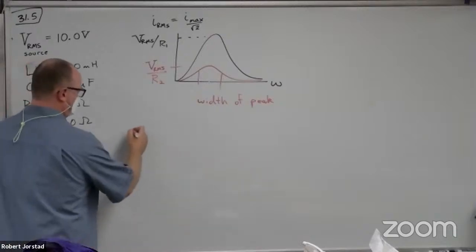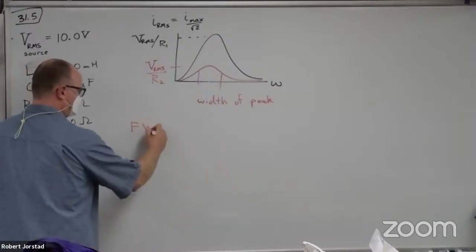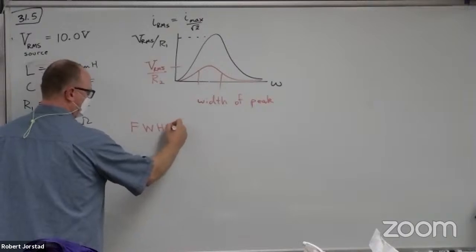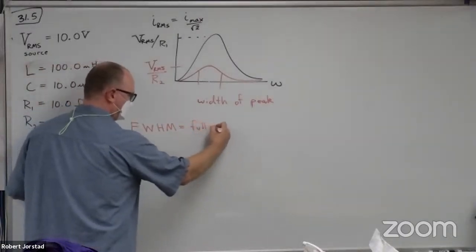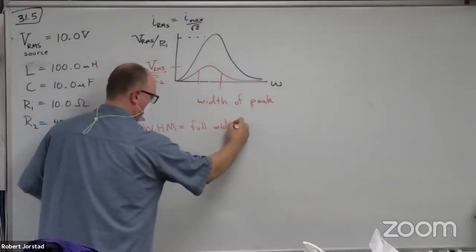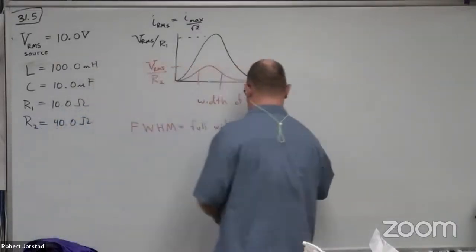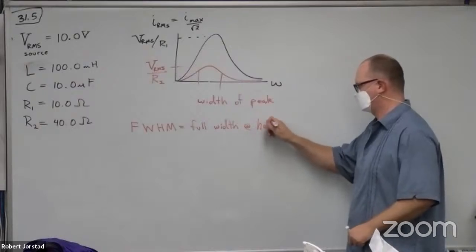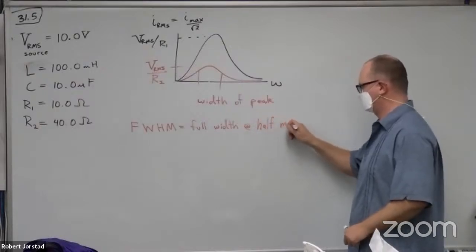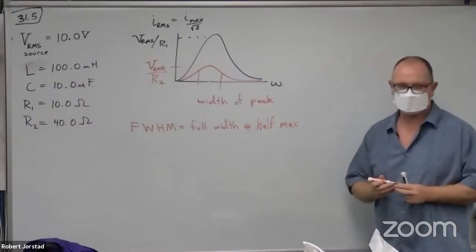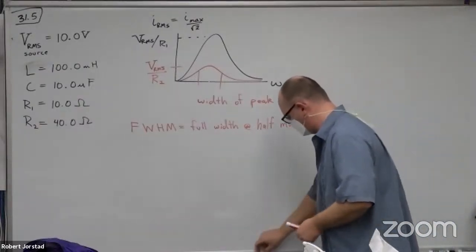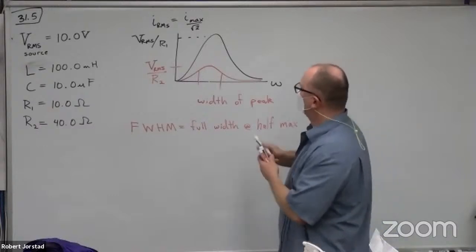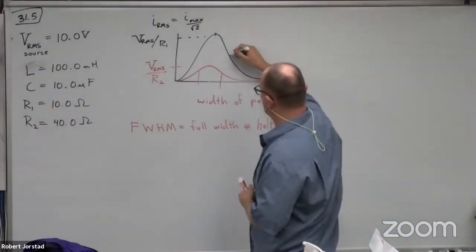The most common is to use FWHM. That means full width at half max. So the idea is you can look at the plot and say, well, it looks like this is the maximum. This is about half.